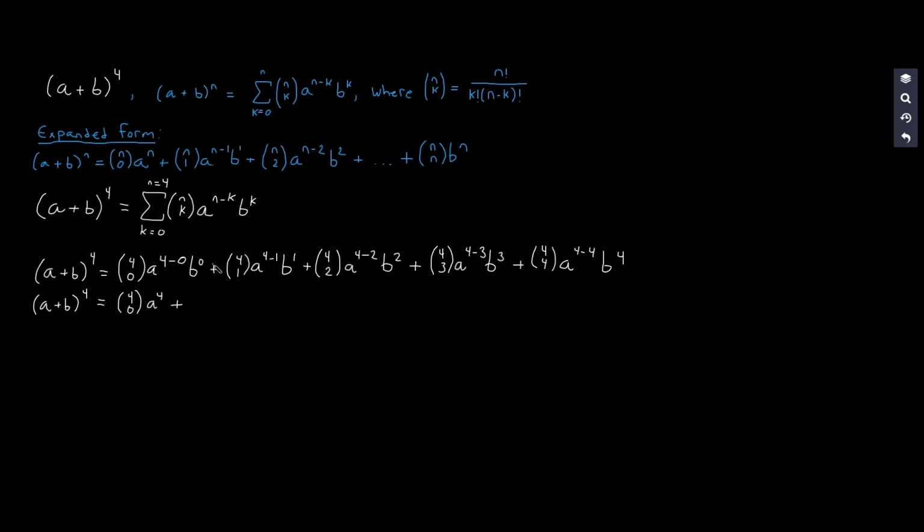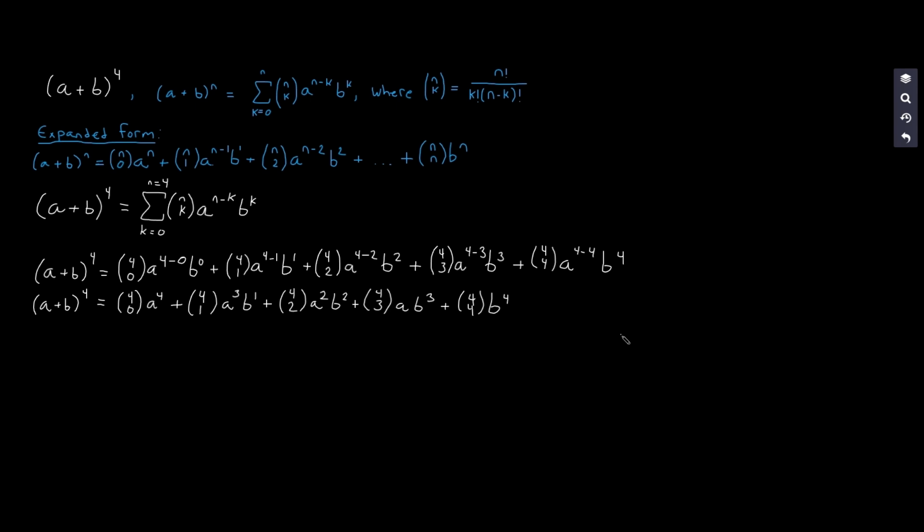The b raised to the power of 0 is 1, so we're just going to ignore that, plus 4 choose 1 times a raised to the 3rd power times b raised to the 1st, plus 4 choose 2 times a raised to the 2nd times b raised to the 2nd, plus 4 choose 3 times a times b raised to the 3rd, plus 4 choose 4 times a raised to the 0 power, which is going to be 1, times b raised to the 4th.